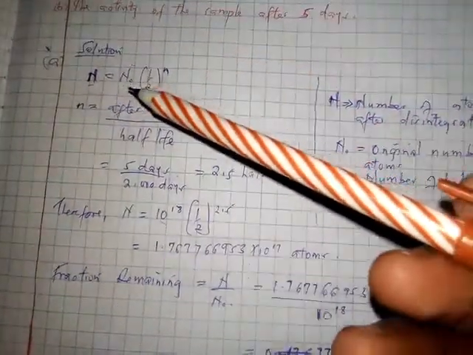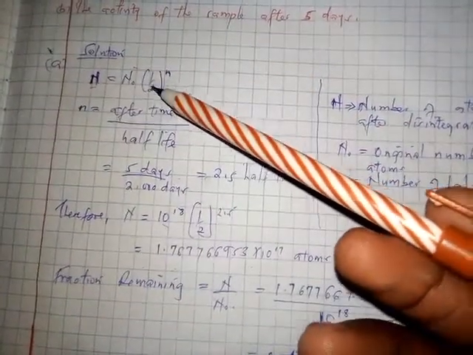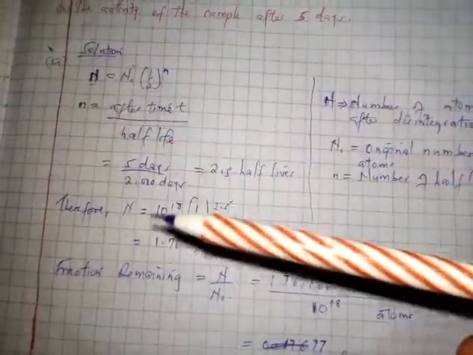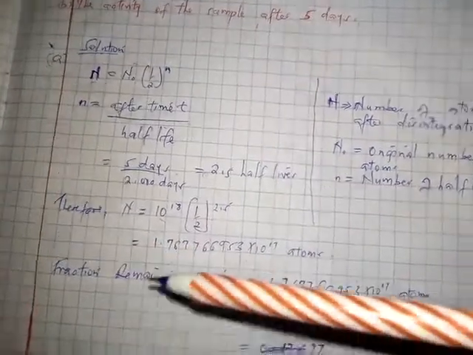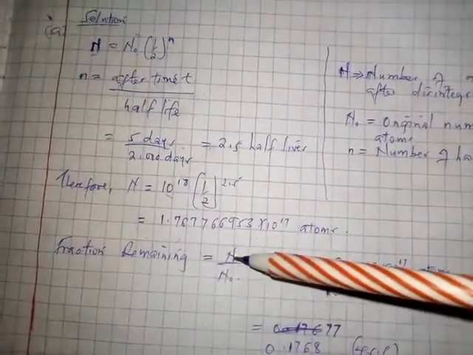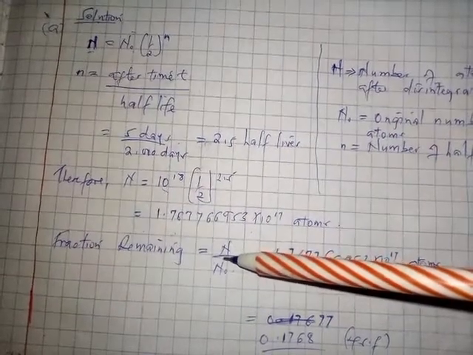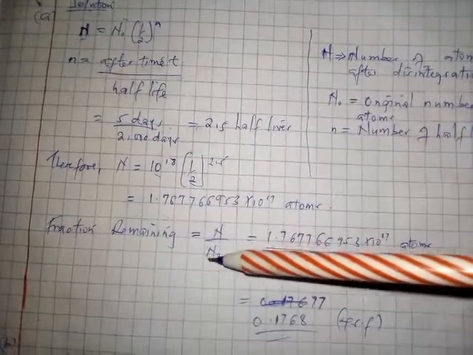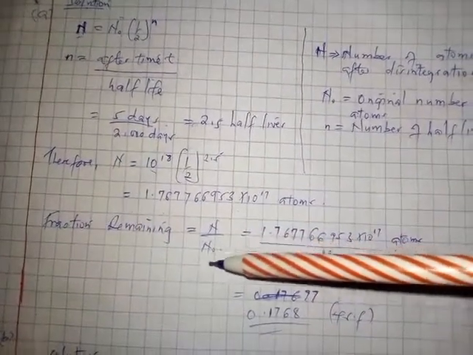If we are not given any one of these, we use the others to find it. After that, to find the fraction, we just divide the number of atoms after disintegration by the original number of atoms.